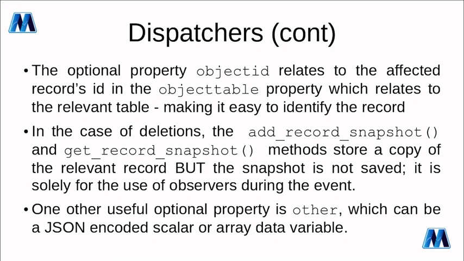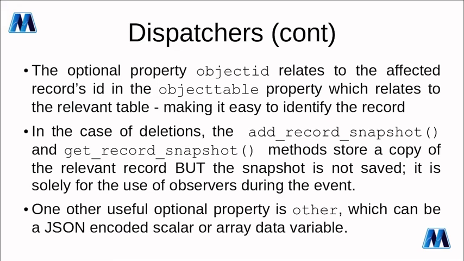Now, what has to be borne in mind, that snapshot only exists for the duration of the event. There is no copy of it stored for later retrieval unless you do that in the event itself. Okay, so it's basically there solely for the use of observers during the event.